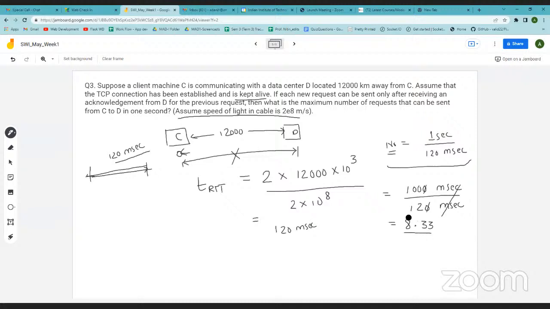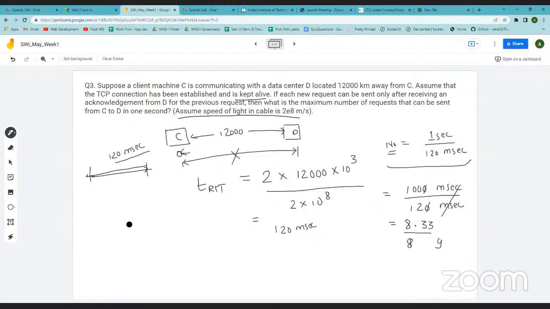Now the problem is, how can a whole number be 8.33, right? The number of requests that can be sent cannot be a decimal. So either it can be 8 or it can be 9, and these were the numbers competing in the chat. Some were responding with 8 and some with 9.